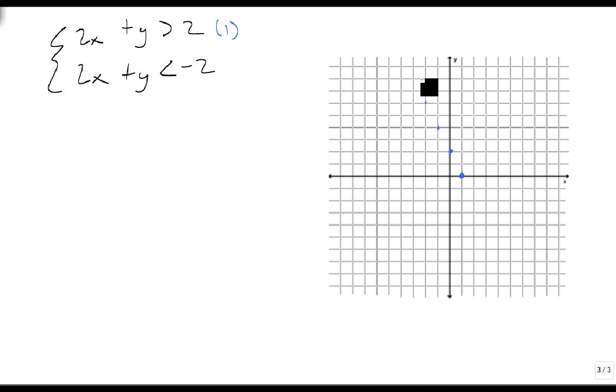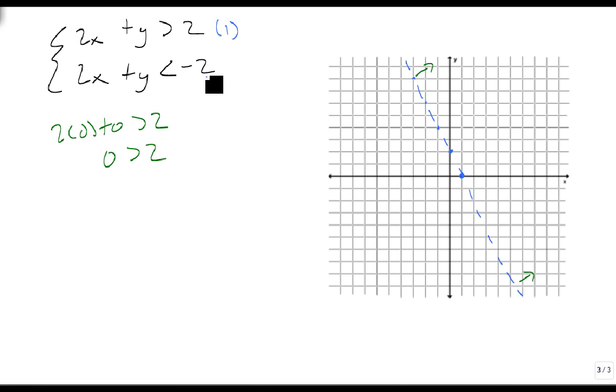And so I get this nice line, and this one is dashed, so we make it a dashed line. And it wants to shade: 2 times 0 plus 0 is bigger than 2? 0 is not bigger than 2, so it wants to shade away from 0, 0.